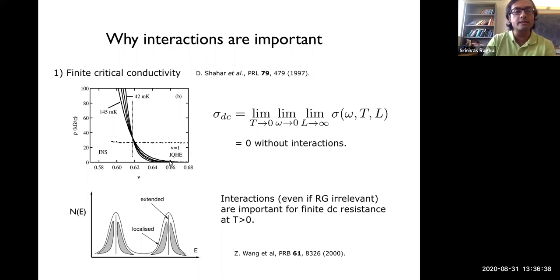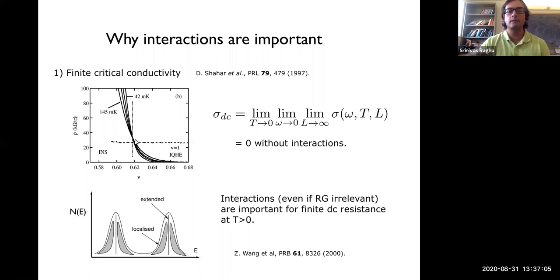And what I'm showing you here is experimental data of the integer quantum Hall to insulator transitions. These are isotherms. And the point at which the isotherms cross is the quantum critical point. Now, experiments are perhaps inconveniently done at finite temperature. So the very fact that you see a finite temperature resistivity tells you in this case immediately that interactions are important. Why is that?